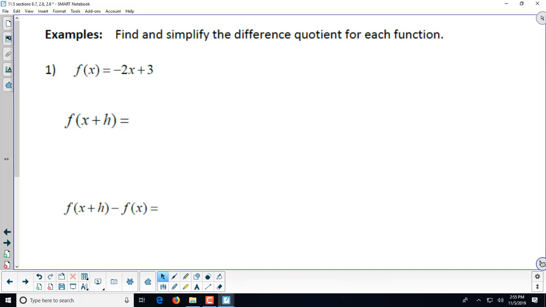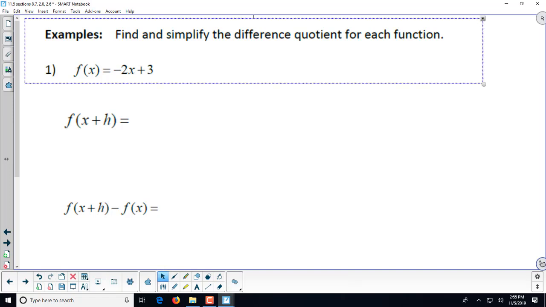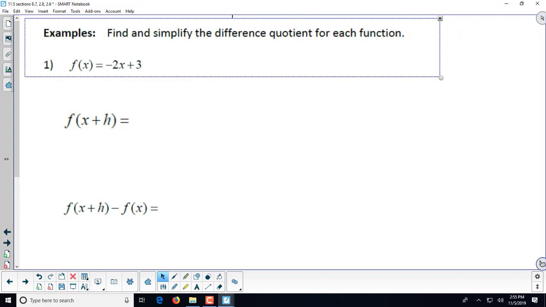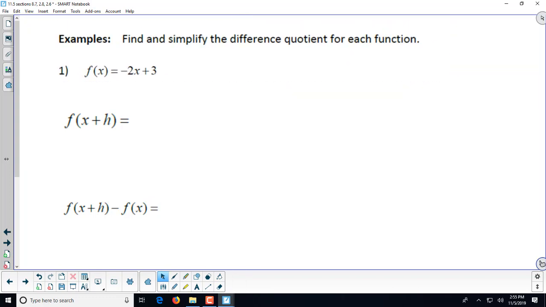Now there is a different way of doing this, but I am doing it this way just so I can talk to you about how you're entering it in MyMathLab. We can then do it the other way, but I want to give you an idea. So, difference quotient. What I recommend you do is write it down each time you're going to use it so that you learn it.